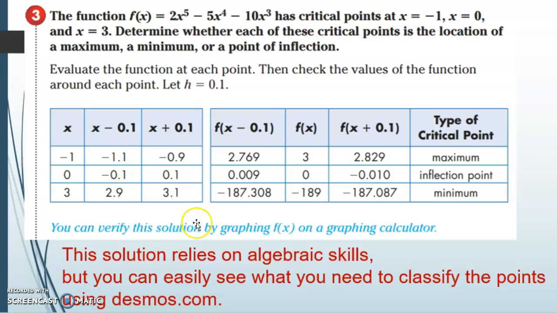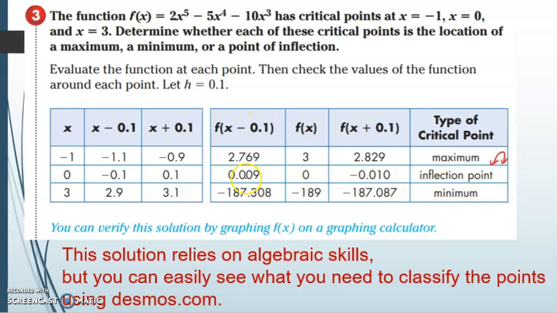This one tells you that you've got critical points: maximum, minimum, or a point of inflection. You take one point on either side and see what happens. If both are smaller than that point, it's a maximum.